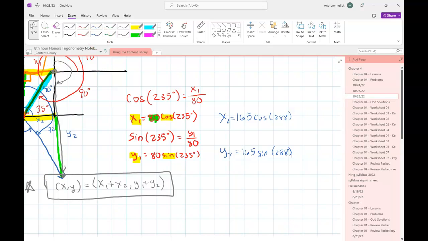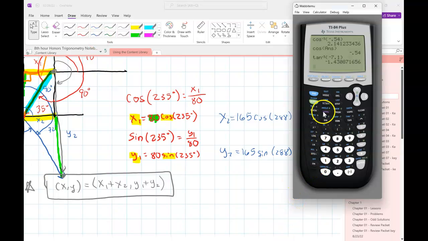So if I go to my calculator, make sure that I'm in degrees, and I'm going to do 80 times cosine 235 plus 165 cosine 288.